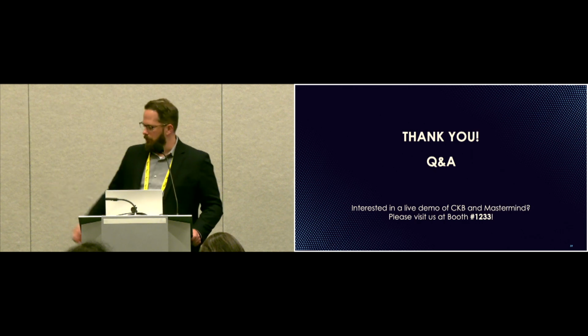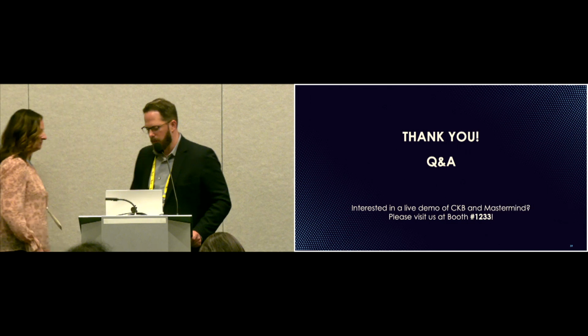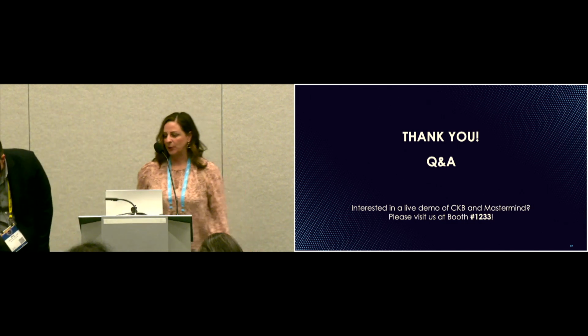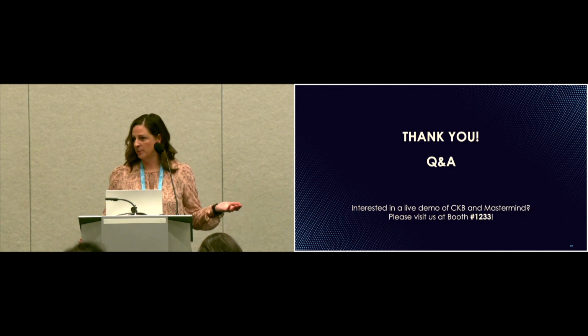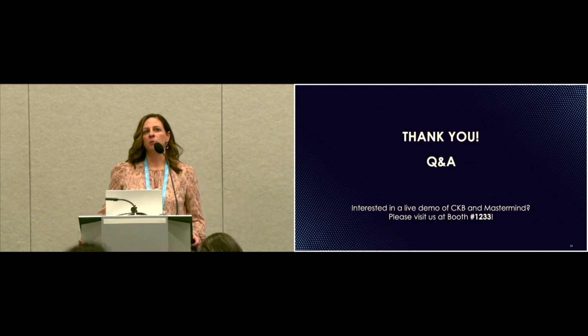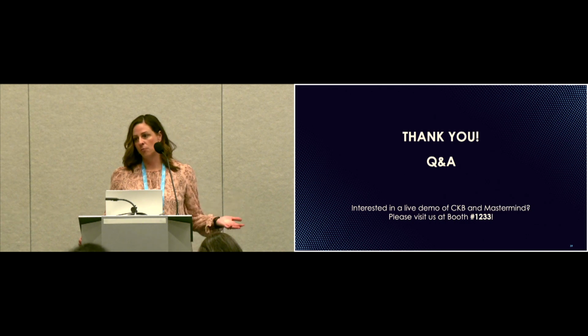So Kara, if you want to address CKB and OncoKB. Sure. That's a great question. CKB and OncoKB are similar in that you can identify actionability of variants, of course. I will say with CKB, there is more curated content. I mentioned we have over 47,000 variants, just over 2,000 genes.